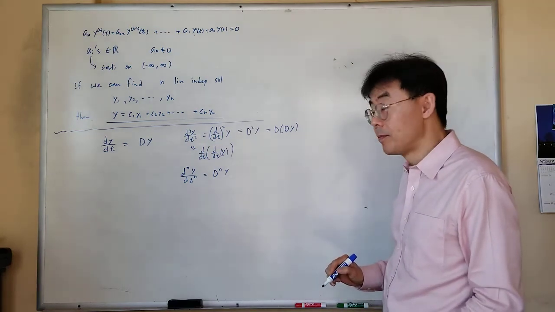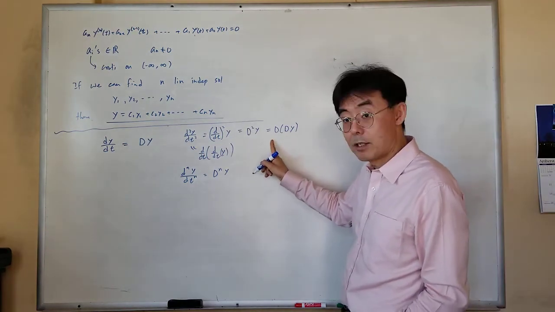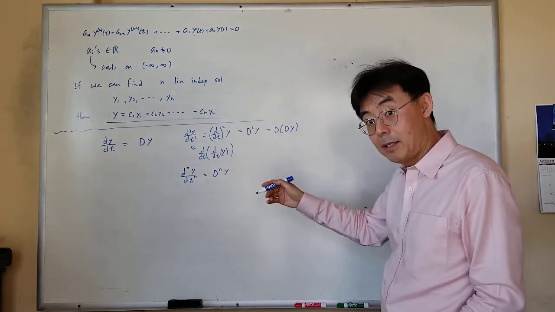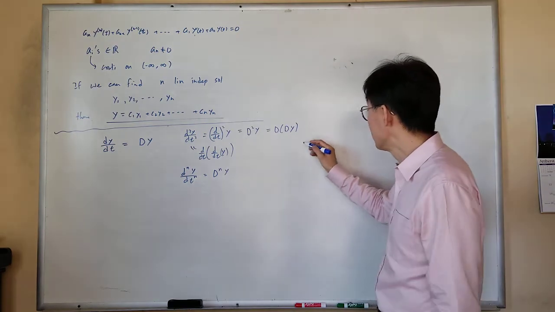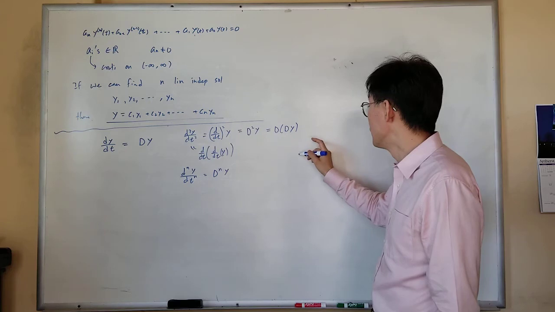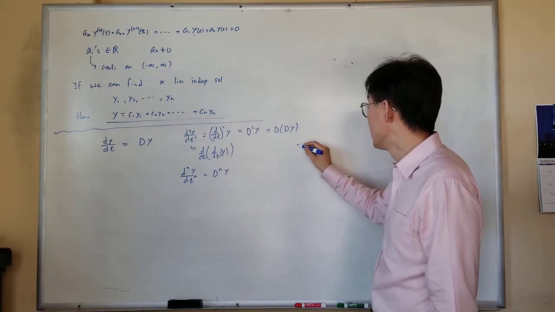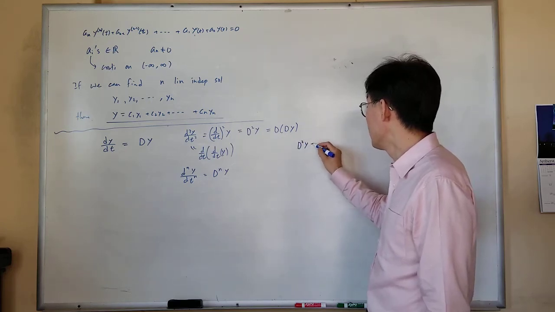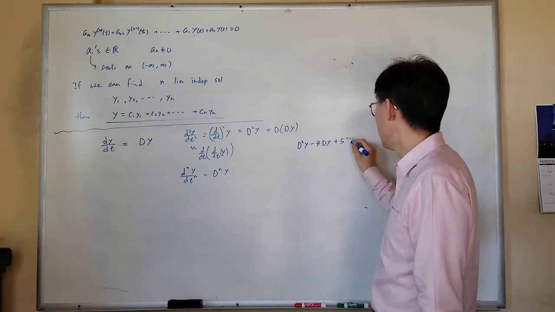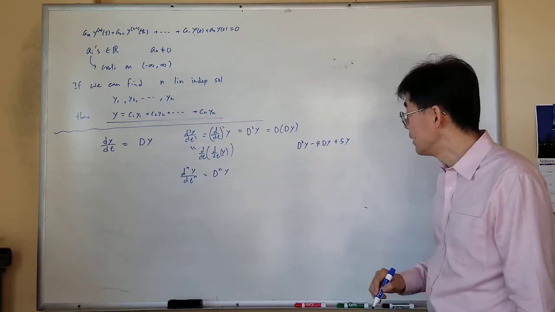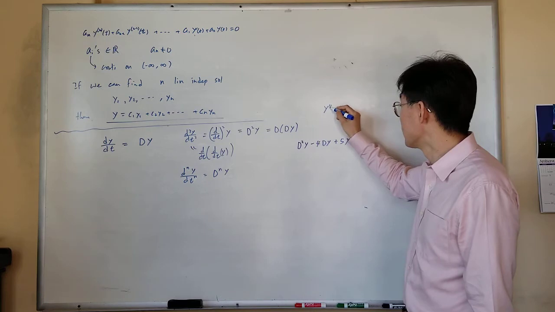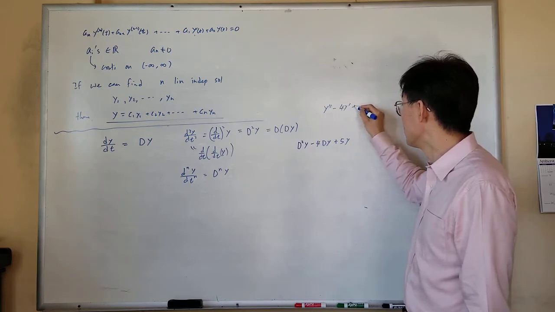Now, this differential operator also can be combined using linear combination. For example, if you have, let's say, D squared y minus 4Dy plus 5y, okay? That corresponds to a second order differential equation. All right?